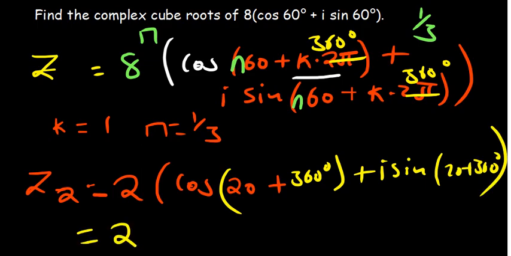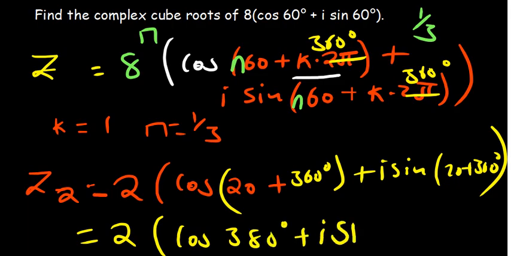So we have 2, cos 60 plus 20 is what? 380, plus i sine 380, sorry. Okay, so that's what we're saying as our other possible solution in this case, because basically what we're trying to say is, which one is coming first here? So let me just correct that mistake there.